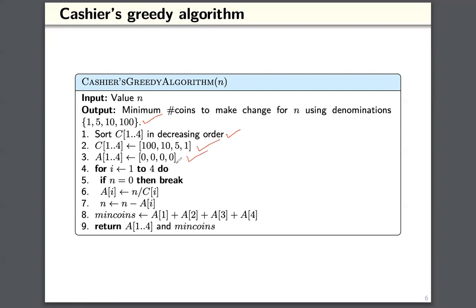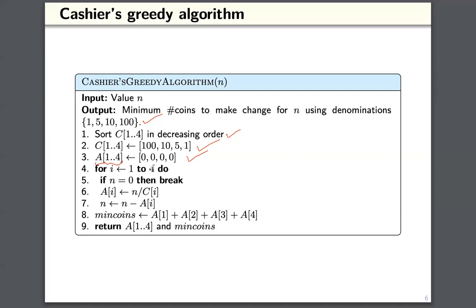And what is A here? Can you tell me what A is? The array A is how many of each coin you have, the copies of that denomination. A1 is the number of copies of C1, Ai is the number of copies of Ci.